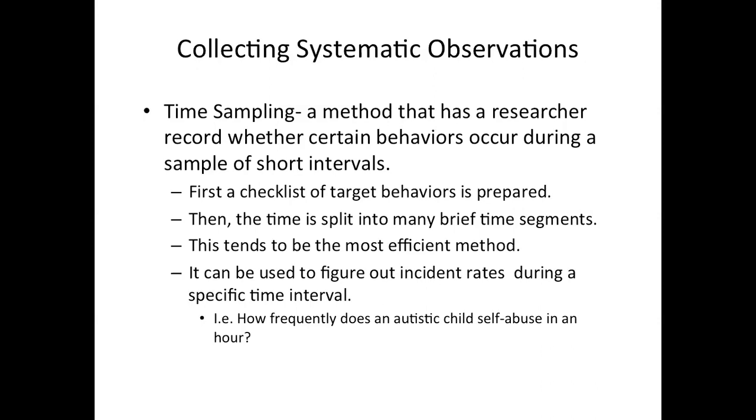So time sampling is quite useful when you have a limited amount of time. So the example of a school psychologist, where you might have one for a whole elementary school, you need to be pretty efficient. So time sampling is likely what they would use, or a BCBA in the case of autism.